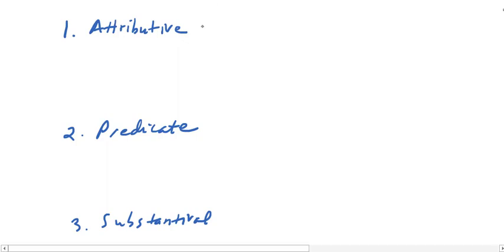So first of all, when we're dealing with an attributive adjective, and we really need to be able to distinguish that from a predicate adjective, an attributive adjective, here's the semantics. It tells you what kind of noun you're talking about. What kind of noun? Examples.